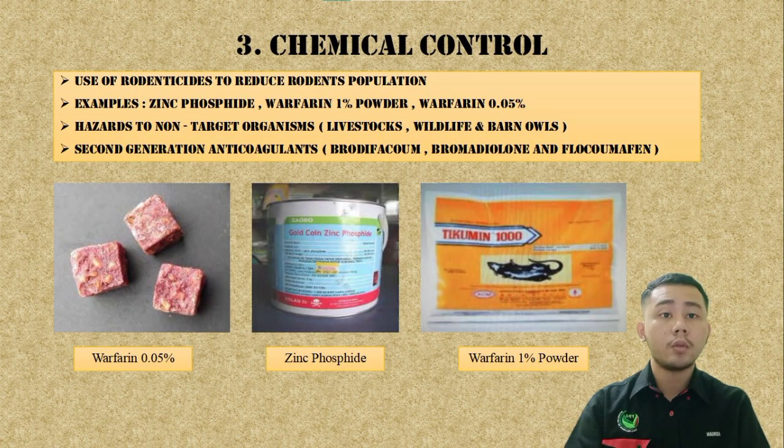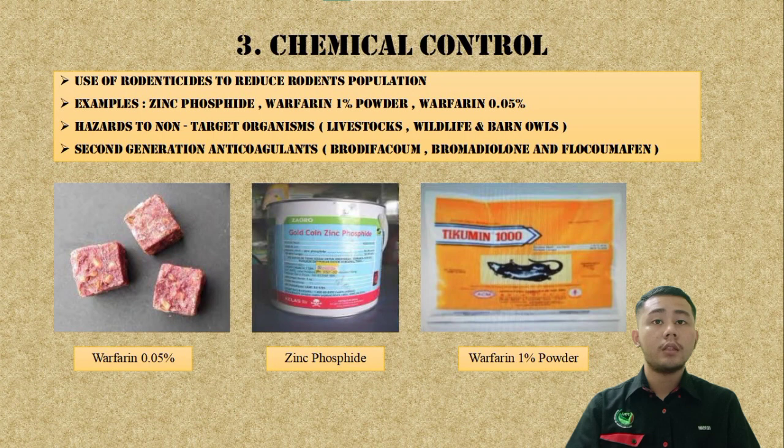The last management to control the population of rats in oil palm is by applying chemical control. For chemical control, we can use rodenticides to reduce rodent population. For example, we can use zinc phosphide, warfarin 1% powder, and warfarin 0.05%.